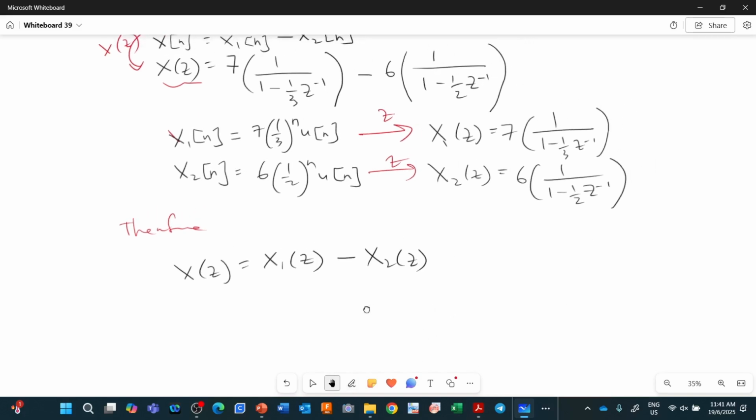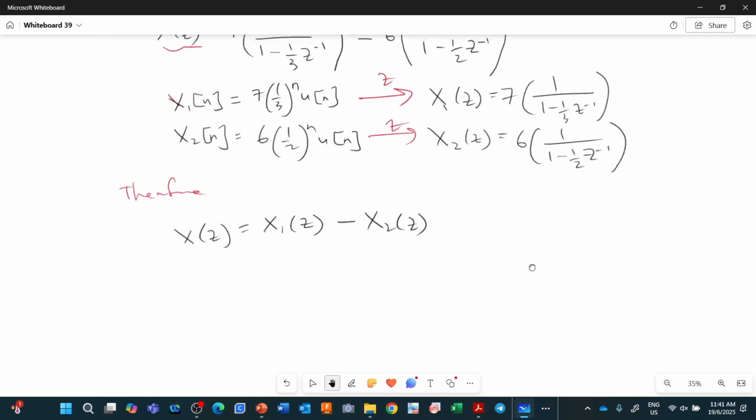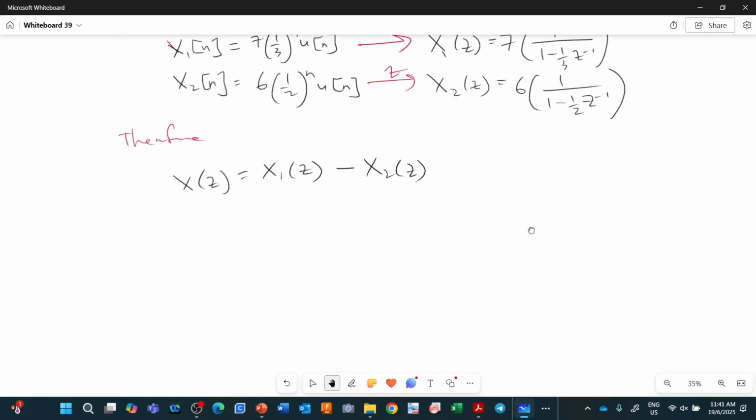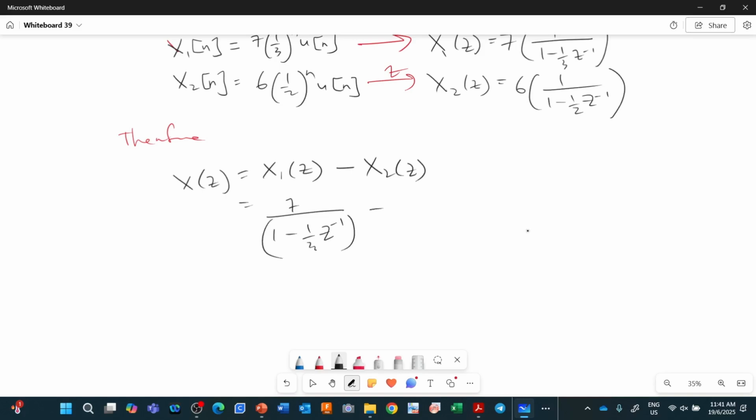So when you write this X(z), you will get this equation again. Let's just write that out: 7 over 1 minus 1 over 3 inverse z, minus 6 over 1 minus 1 over 2 inverse z.